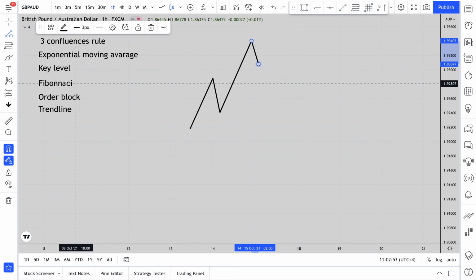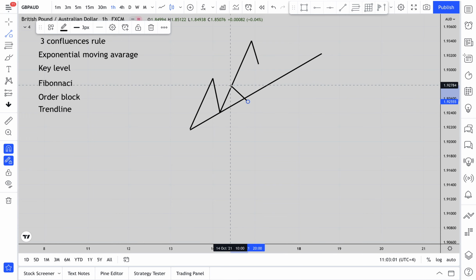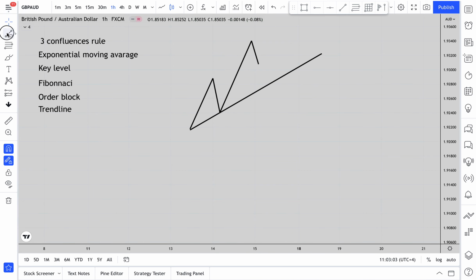So first of all, I can mark up my trend line. I see I have a trend line here. Then let's say I look for an exponential moving average, but we can't see it here obviously, but let's say the moving average is over here. I have two confluences, and if it's not there, let's say it's not there, I look for, let's say, a key level.